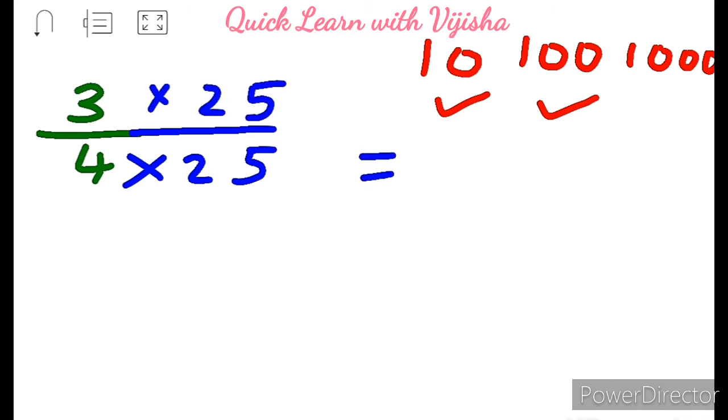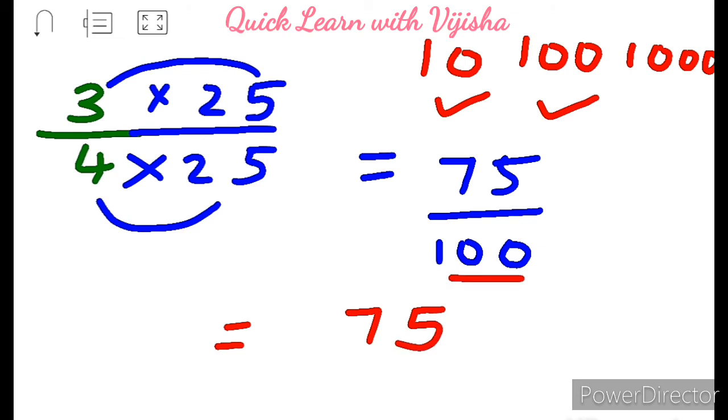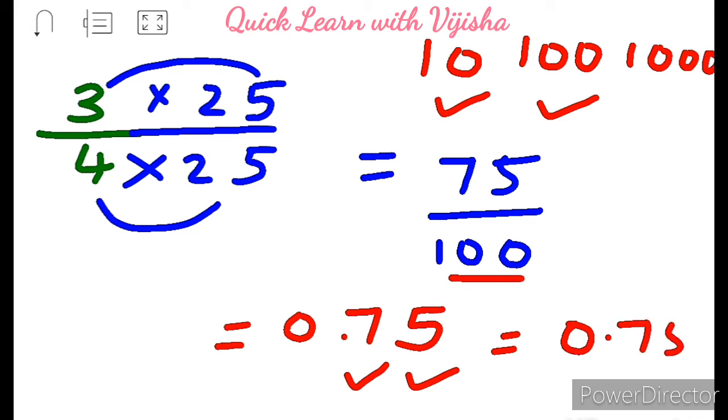So what is the value you are getting? 3 25s will become 75 upon 4 25s will give you 100. Now how to put the decimal? Your answer is 75. 100 has 2 zeros, so we will count 2 numbers backward. 1, 2. Your decimal will come here and 0. So your answer is 0.75. Understanding, children? We'll see this second question.